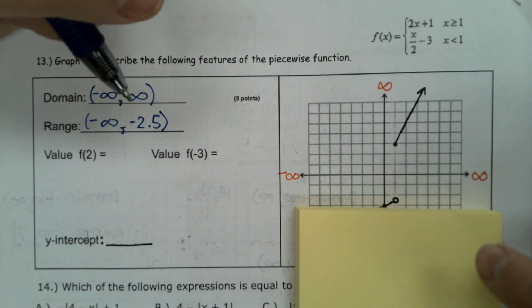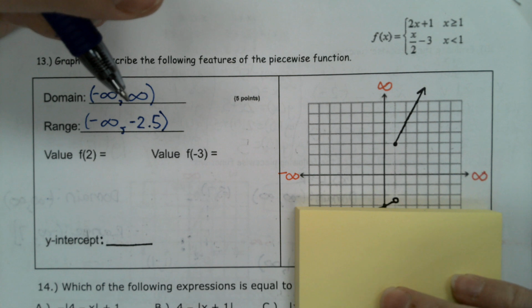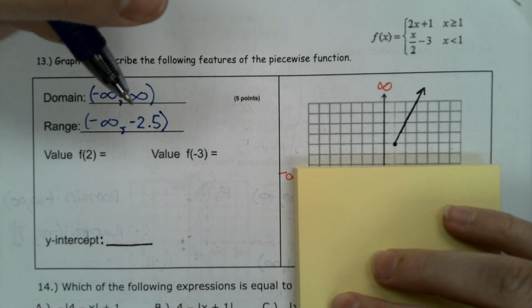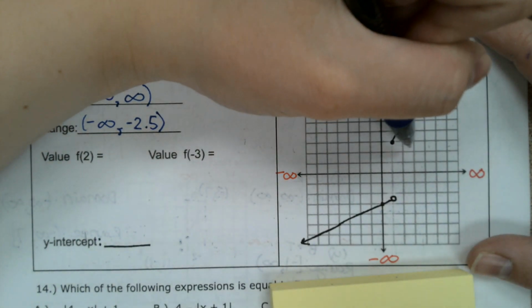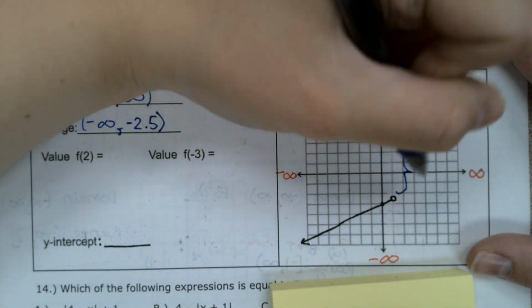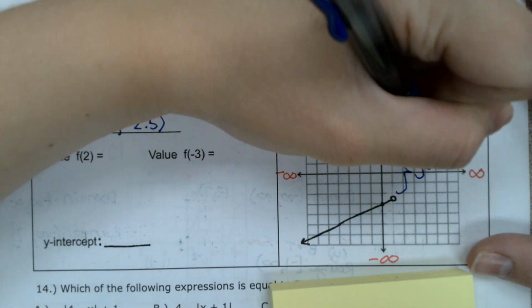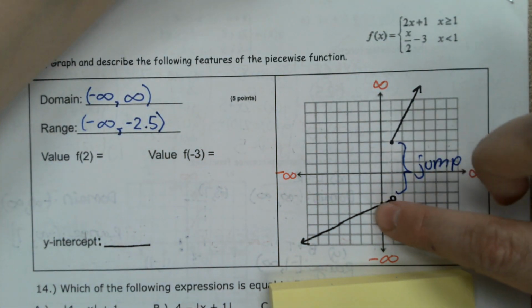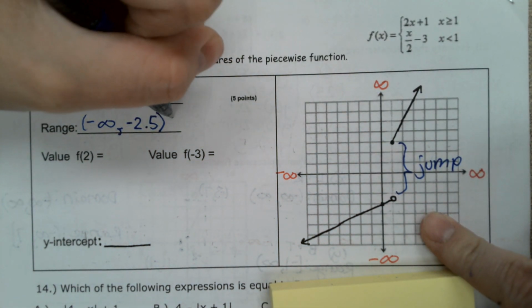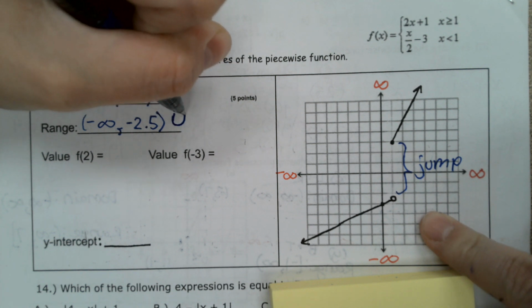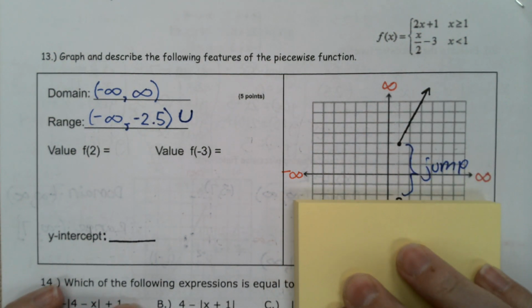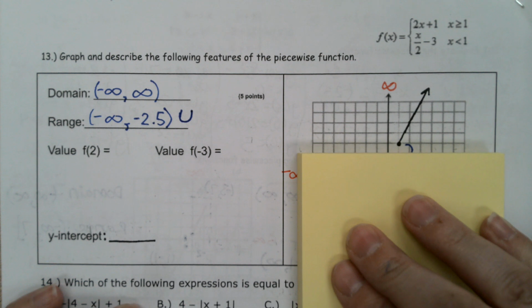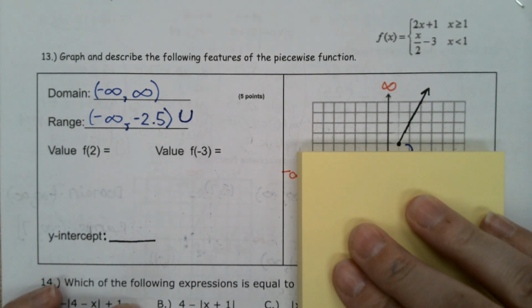Here's the problem. I'm not done with the graph because when I move up, there's a gap, but it continues up here. So remember, when you have a jump in the graph, you connect those together with a union symbol, the U. We're going to unite them with this union. So now with this union symbol, I can go up here until I hit the next point.